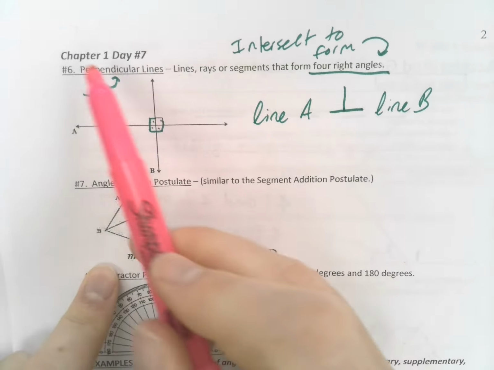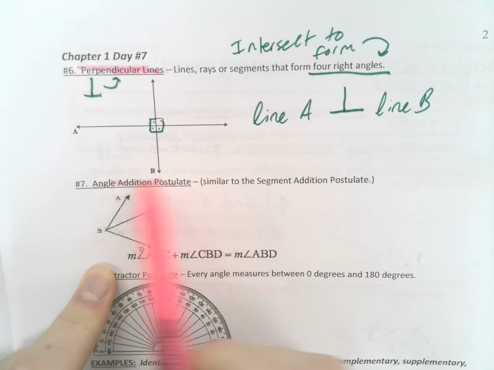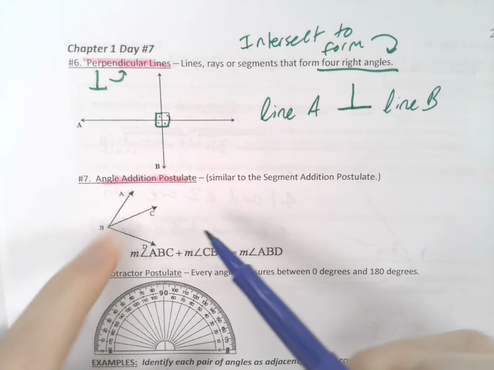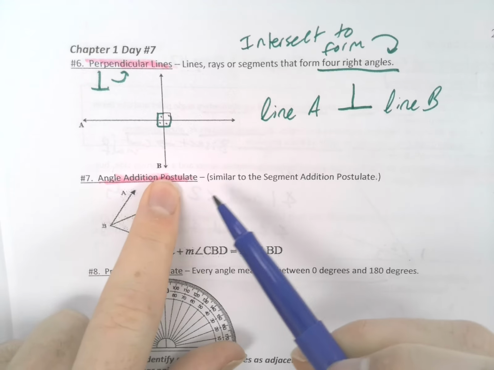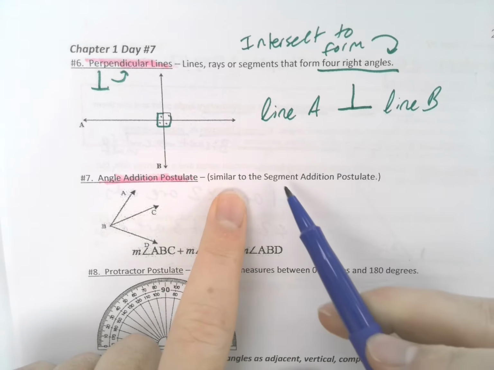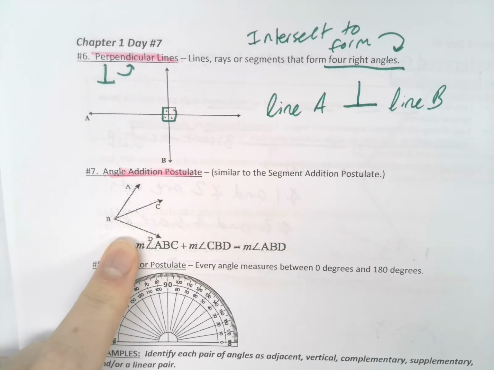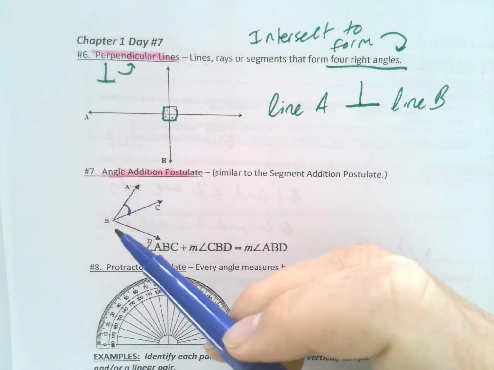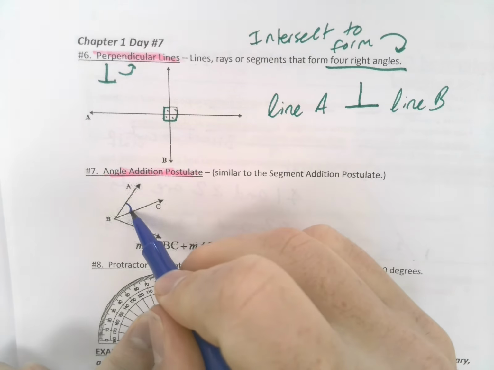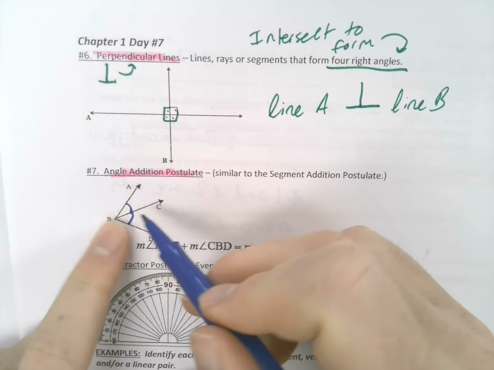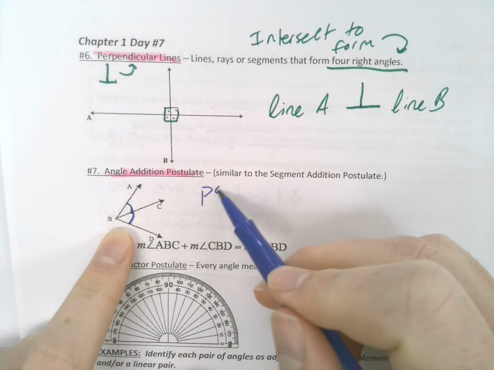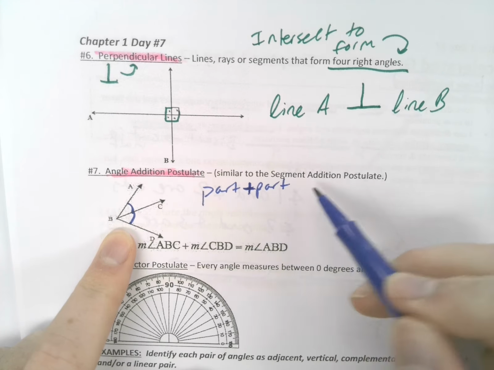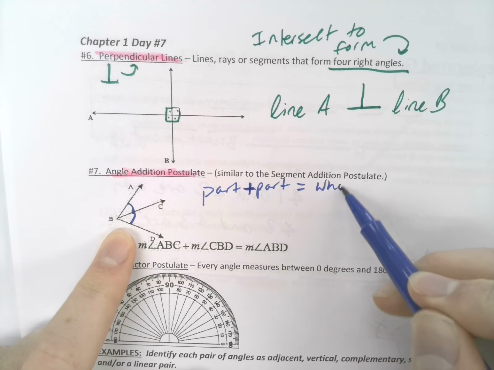Now, next up, we've seen something very similar to this one right here. In fact, we've done, I think, a math problem kind of involving this before. The angle addition postulate. Very, very similar to seg add post. We know that if you have one angle adjacent to another angle, then these 2 angles added together, part plus part, equals the whole.